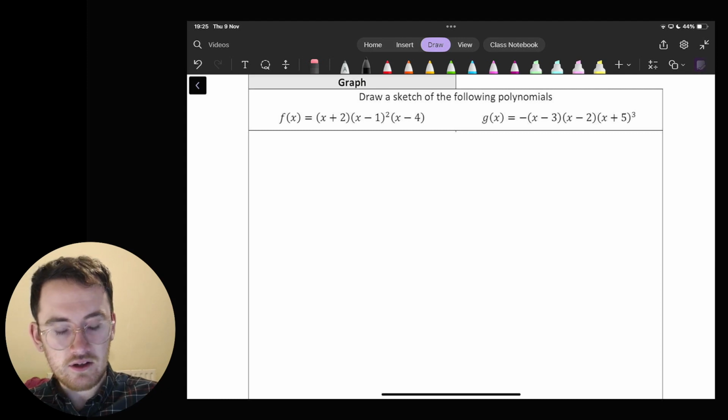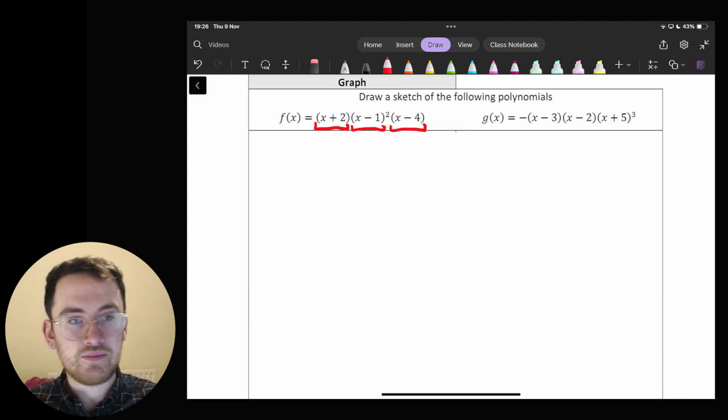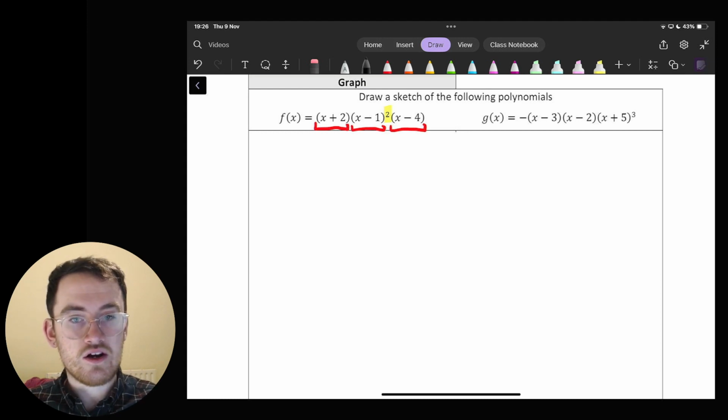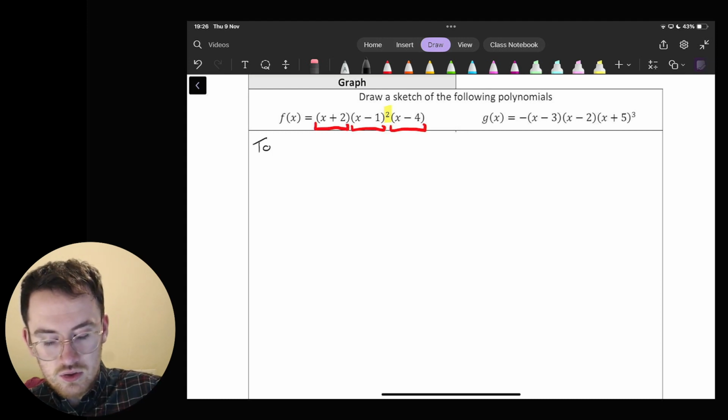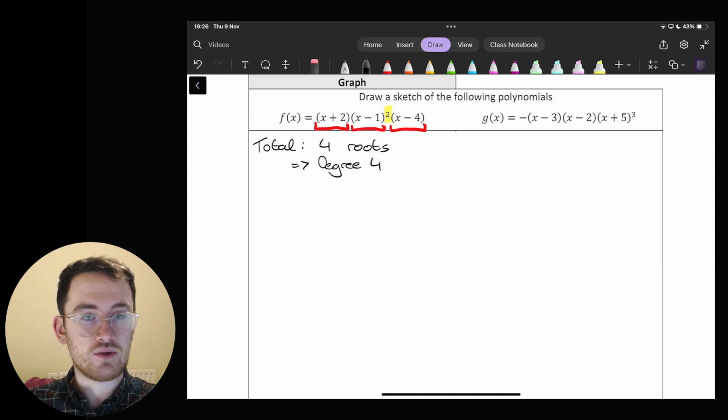Immediately I can see that I have, say, 3 different roots here, but I can also note that one of my roots is squared. That means that I have a total of 4 roots. So a total of 4 roots means that the degree of my polynomial is going to be 4.